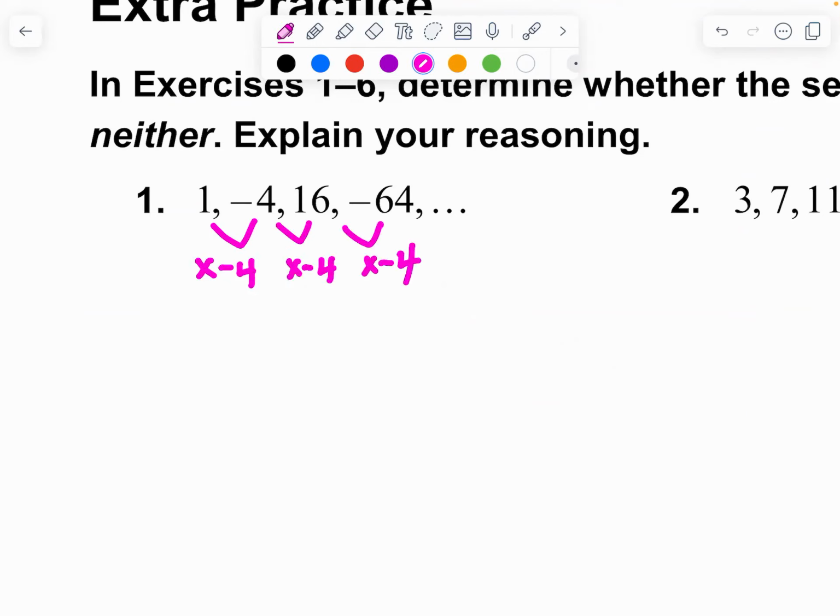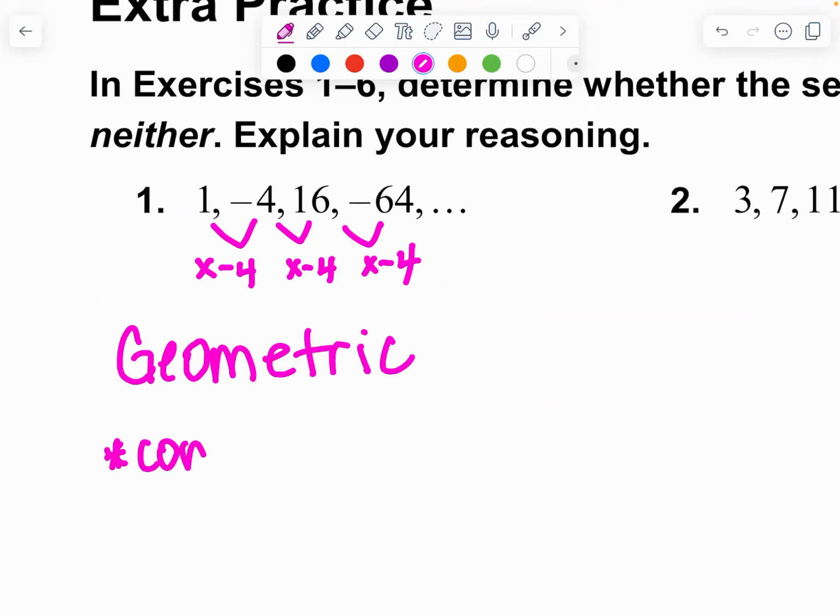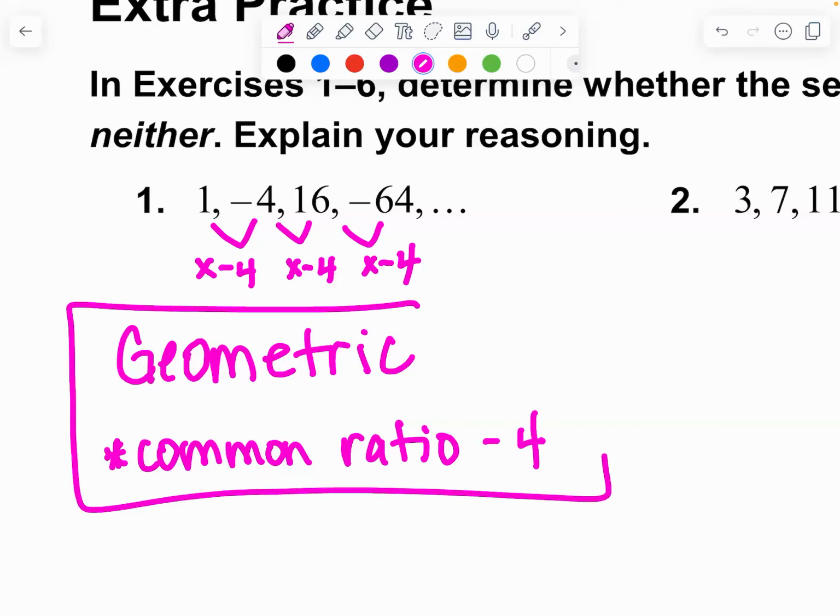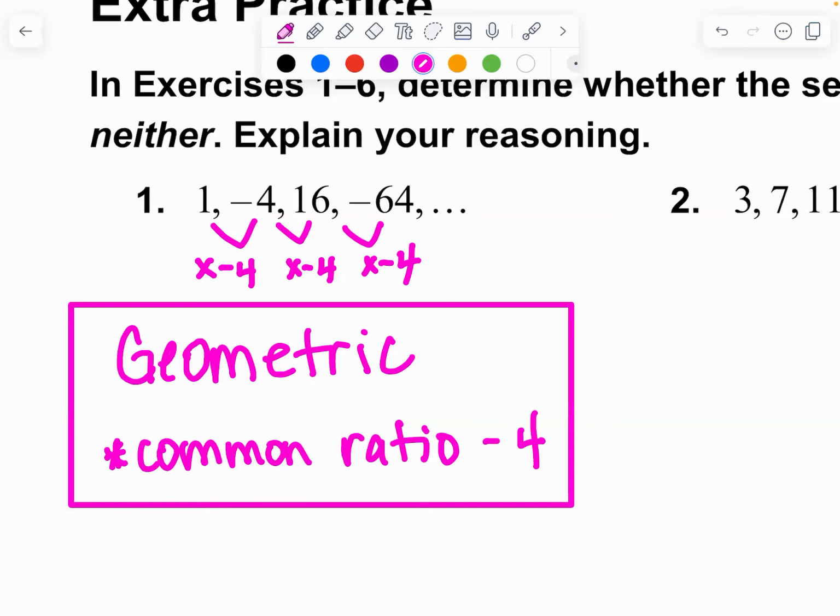Is that what's happening? So we have a geometric sequence where our common ratio is -4. Put the calculators down.